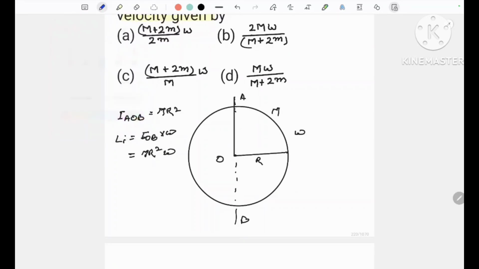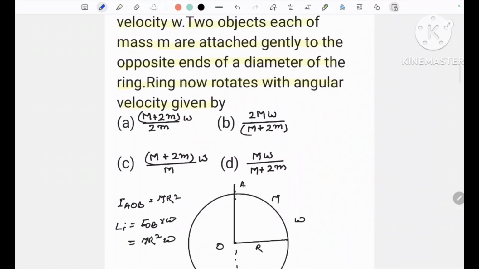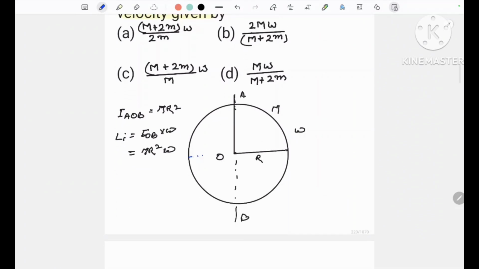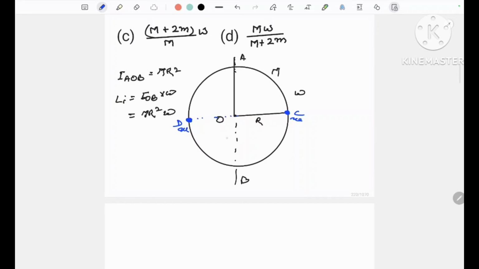Now two particles each of mass m are put on these points C and D. Final moment of inertia about AOB, I'_AOB, is m r square plus 2 m r square.